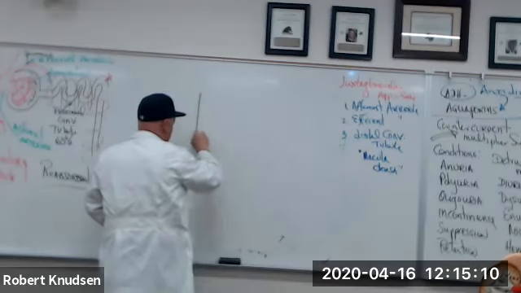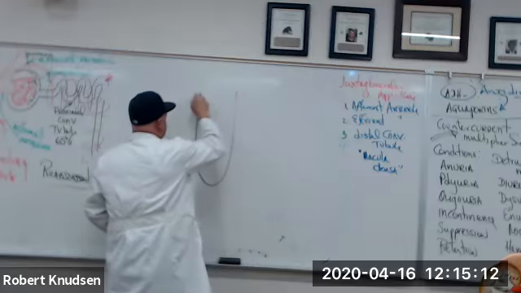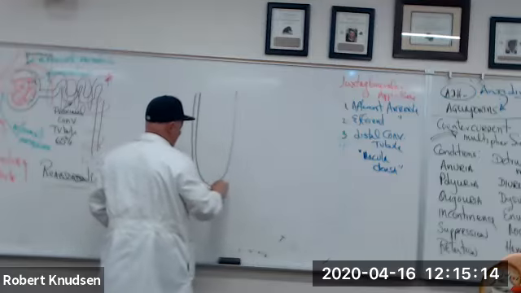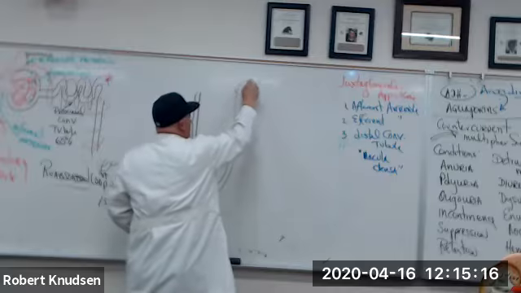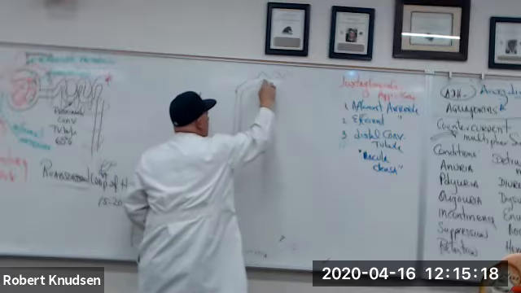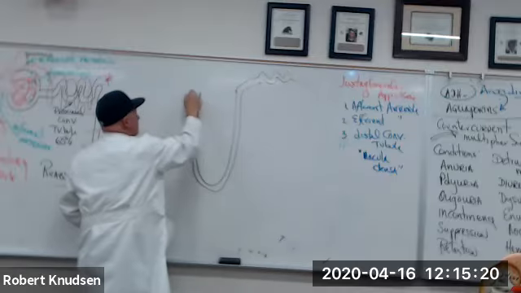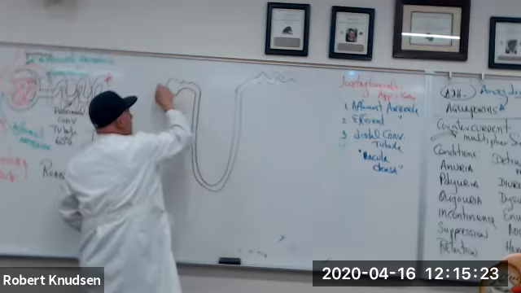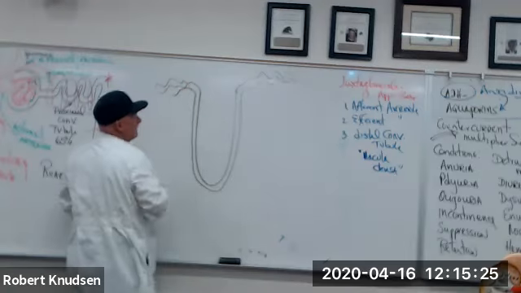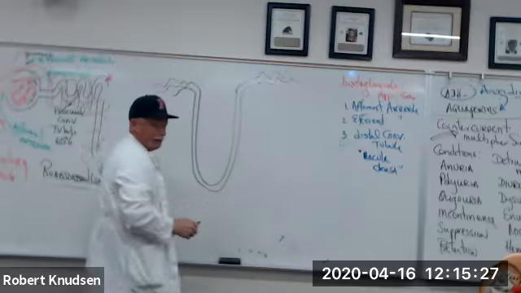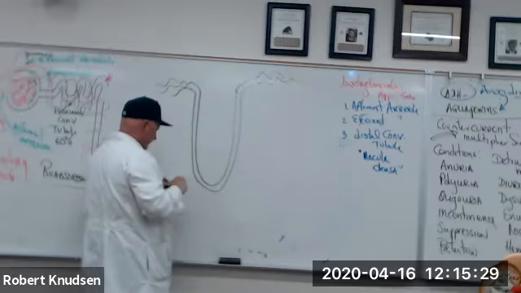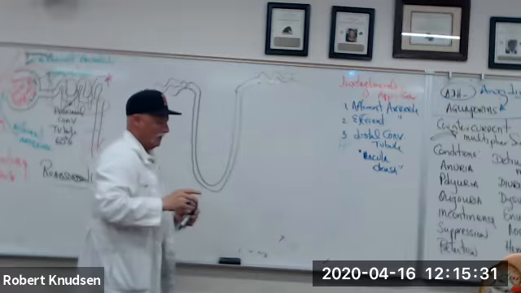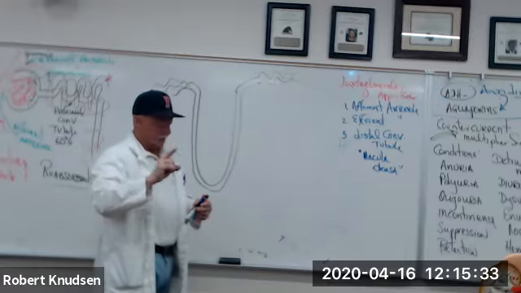Okay, so let's say this is the loop of Henle. And this is distal convoluted tubule, proximal convoluted tubule. I'm interested in the loop of Henle. Okay, now, pay attention.